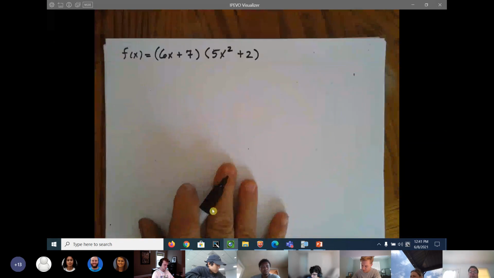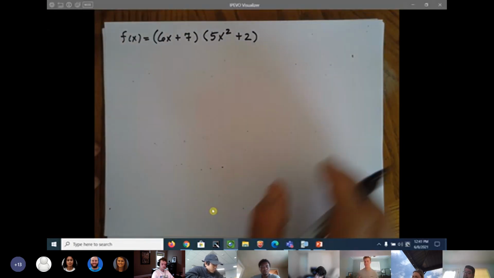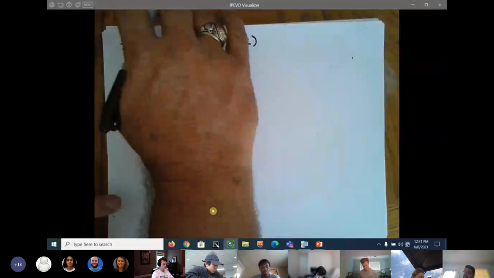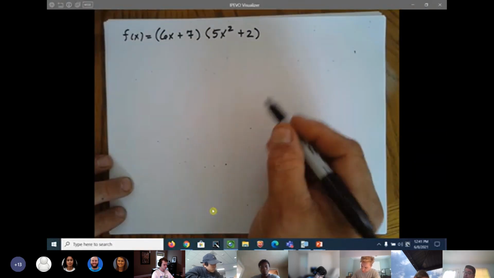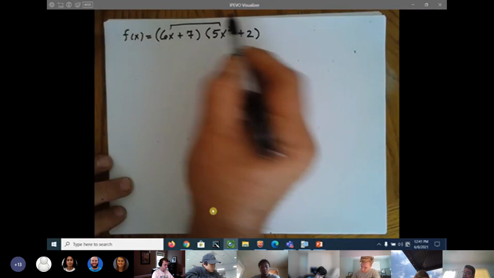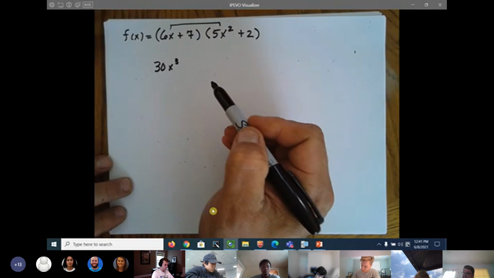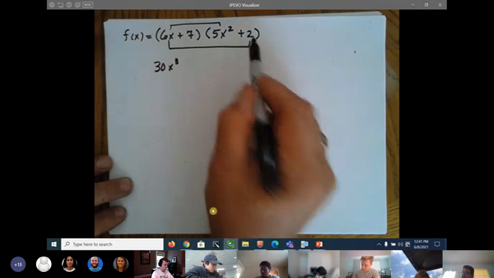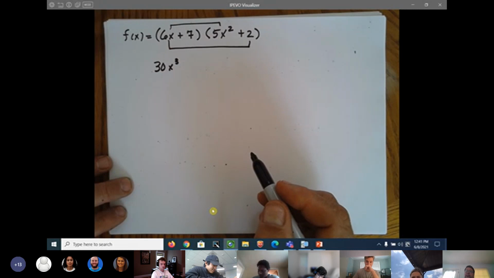So you can do the algebra first. I'll just do the algebra first, using your FOIL method. First is 30x to the third. Outside. I have to say outside because people don't know what outer means.